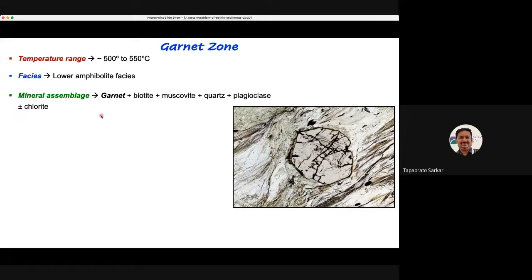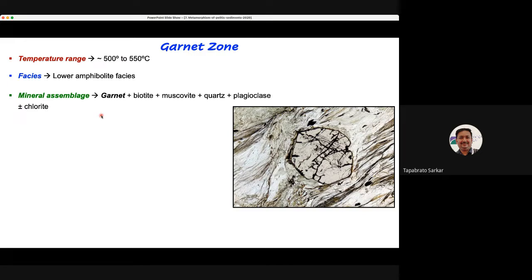Okay. So we start with the garnet zone. The garnet zone is in the range of the lower amphibolite facies conditions, right? Which is 500 to 550 or 600 degrees centigrade, or even 500 to 550 degrees centigrade, where the first garnet appears in the rock, right?